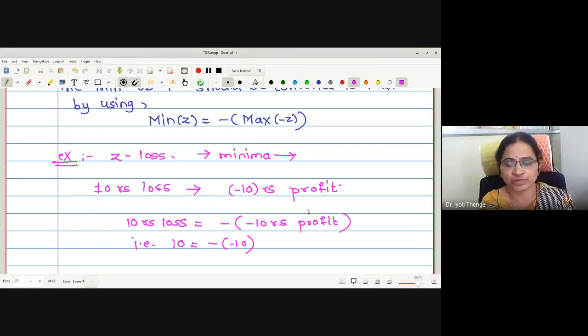And if I want to write them as an equality, 10 rupees loss is nothing but minus 10 rupees profit, because that profit will get converted to losses again with this negative symbol. Or in short, 10 rupees is equal to minus of minus 10. So 10 rupees loss is exactly equal to minus of negative of a profit.